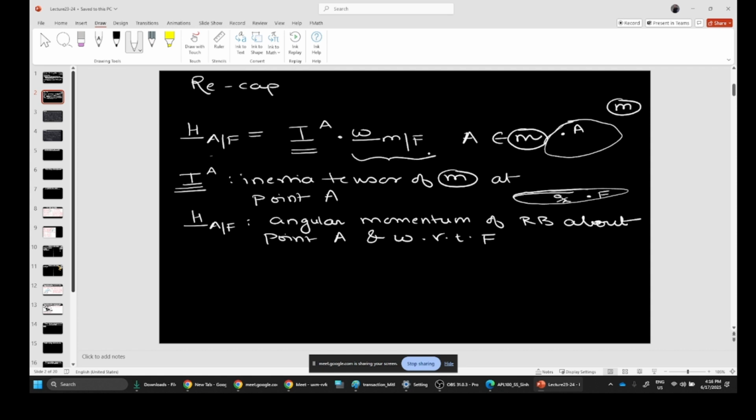In the dot product, the second factor is the angular velocity of the rigid body with respect to F, and then we introduced a new quantity which is called the inertia tensor of body M at point A, which is a second order tensor.